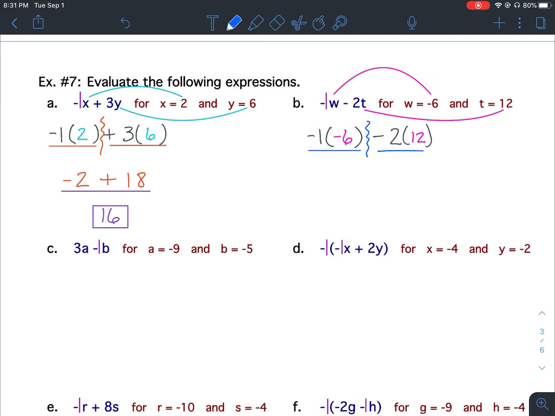Squiggly line there, and again to put the squiggly line, it's because that's a -2. All right, -1 times -6. In other words, what is the opposite of -6? The opposite of -6 is +6. 2 times 12 is 24. There is one negative, so that means this will be a -24.